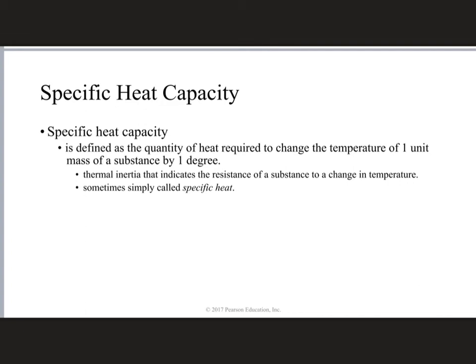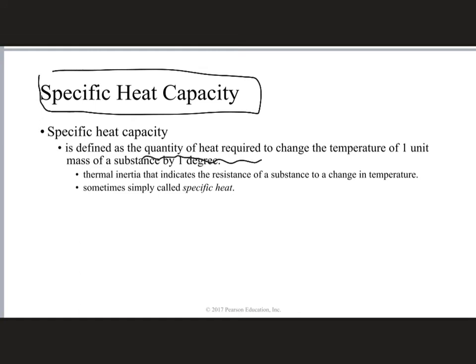And so when we want to connect how heat is going to change temperature, we do it through what's called the specific heat capacity. And the actual official science definition of specific heat capacity is the amount of heat, or the quantity of heat, required to change the temperature of 1 unit of mass of a substance by 1 degree.